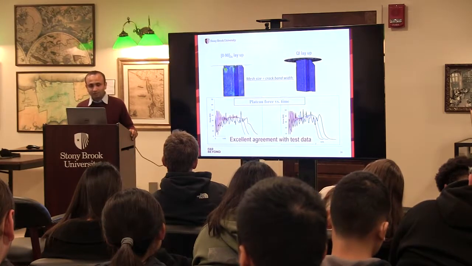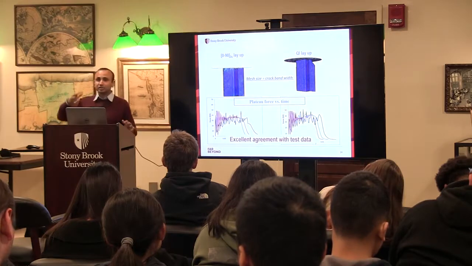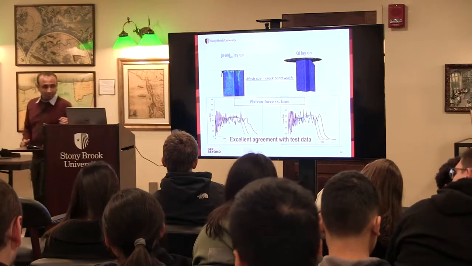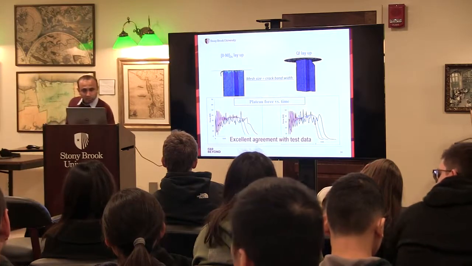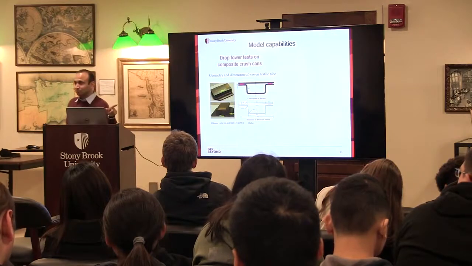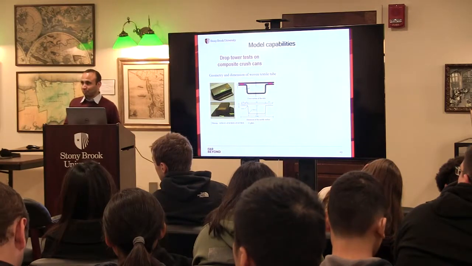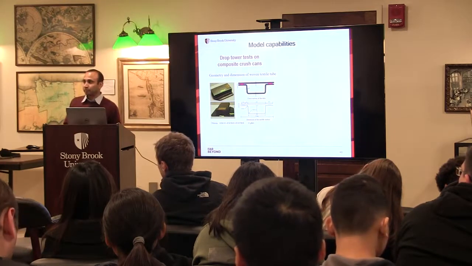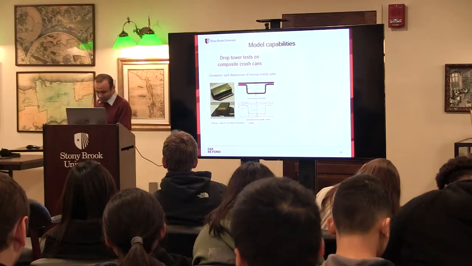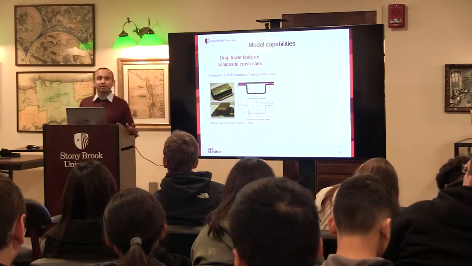So this is a simulation that we did on this crush can, simulating the crush. Does the shape of the structure play a role in the size effect? That's a very good question. The question was, does the shape play a role?